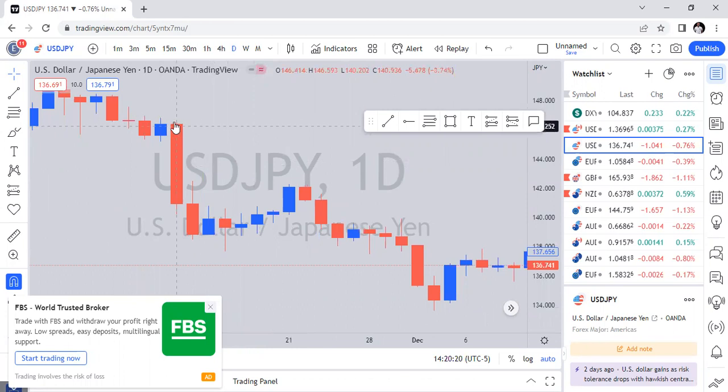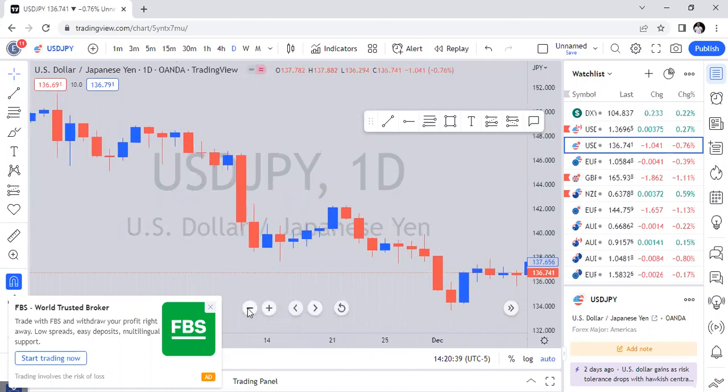See the next day, this one took out the low, didn't take out the high. See the next day, price dropped. This one took out the low, didn't take out the high, and see the result. So that is how you want to start training your eyes to know how to read. It is a good way to start for those who are just coming up.